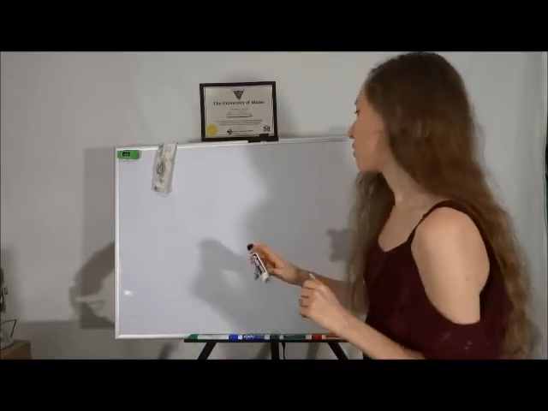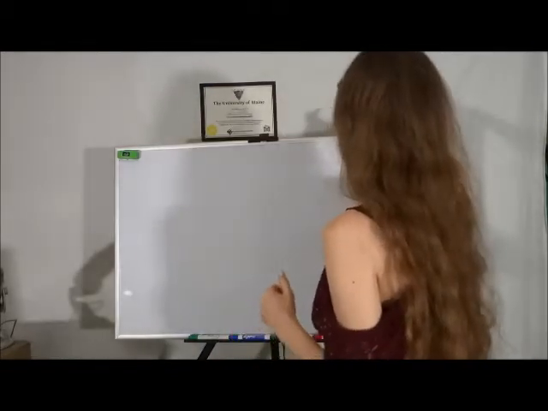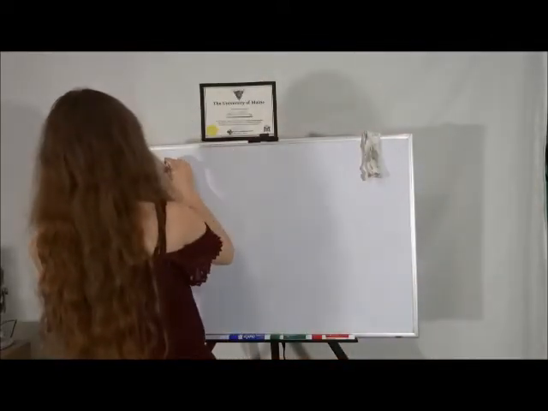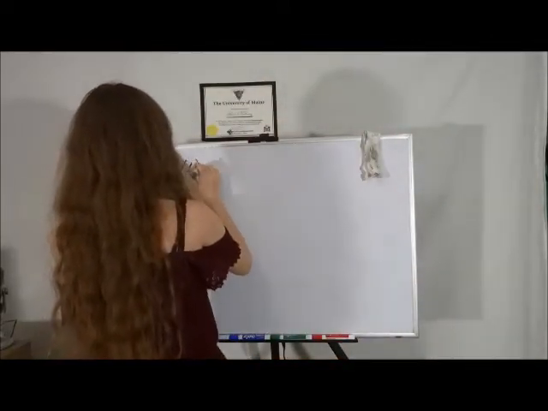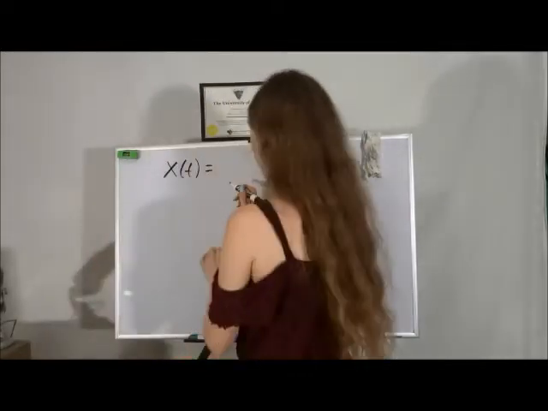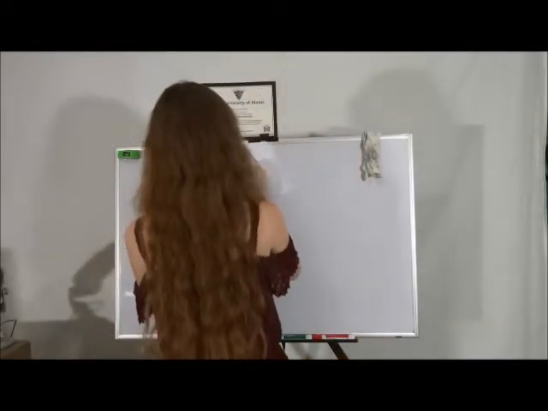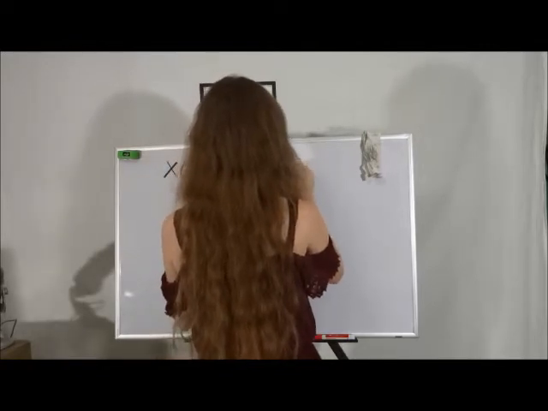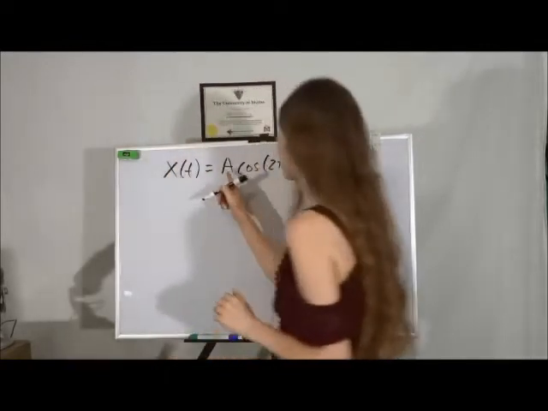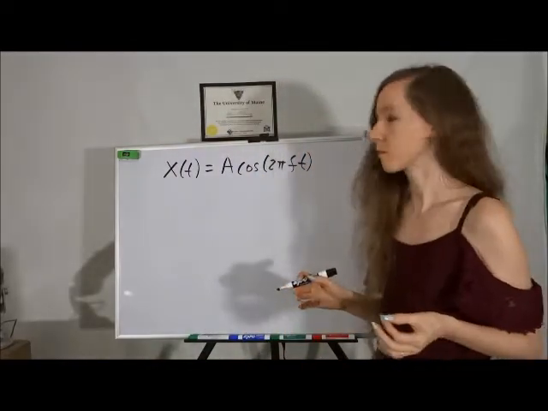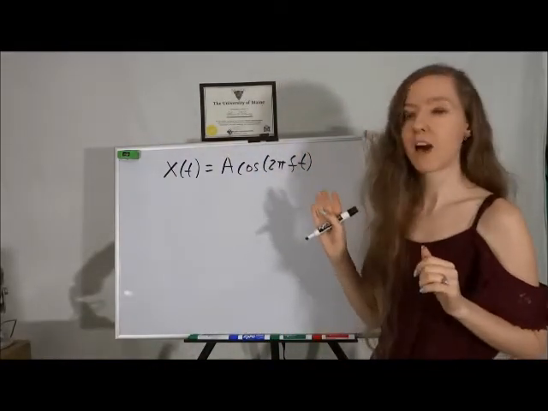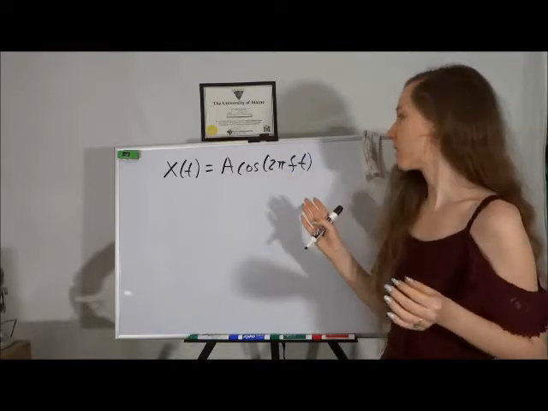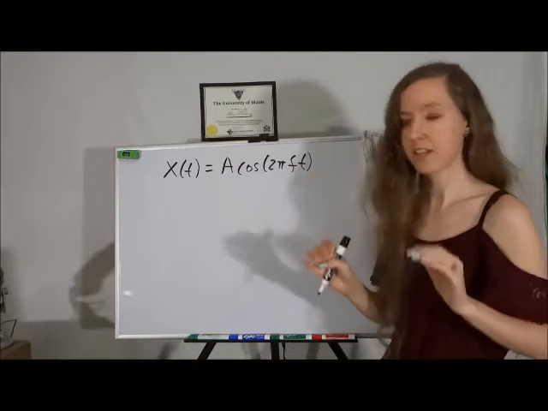Recall from last week that the position of a wave is x of t equal to A cosine of 2 pi times the frequency times the time, where A is our amplitude. If you want to know the maximum value that our displacement can be, well, A is a constant, so that's going to stay the same no matter what.